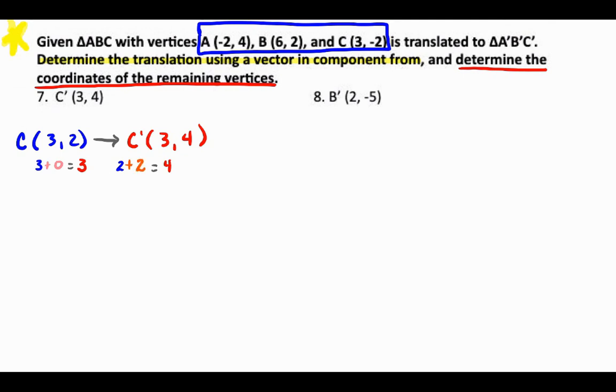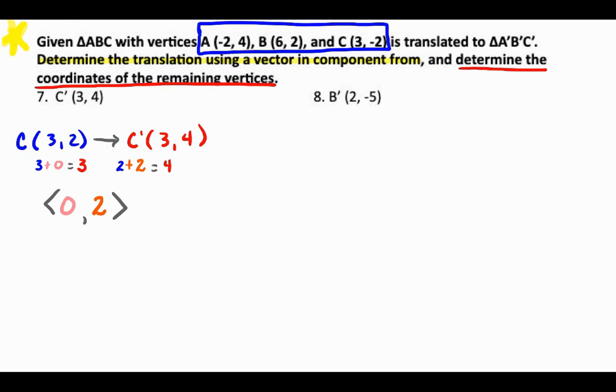So when we write our vector in component form, our calculations are to do nothing to the x coordinate and to add 2 to all of the y coordinates.